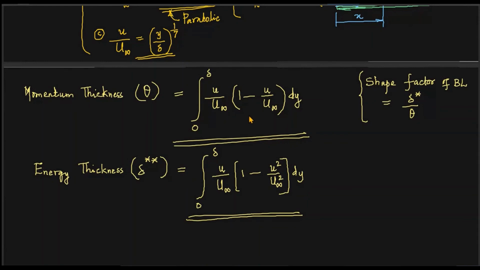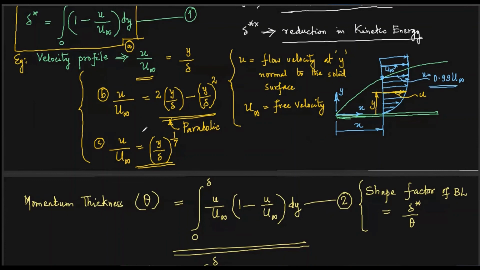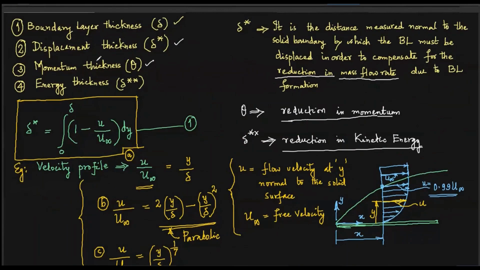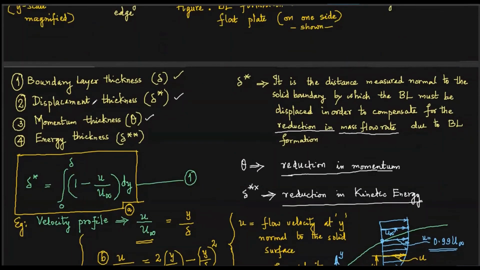So the product of u by u infinity and 1 minus u by u infinity, integrated over the limits 0 to delta with respect to y. This is equation number 2 for representing momentum thickness, and this one represents the energy thickness. These kinds of questions are extremely important from the exam point of view, in order to get these relevant parameters of boundary layer theory: boundary layer thickness, displacement thickness, momentum thickness, and energy thickness.